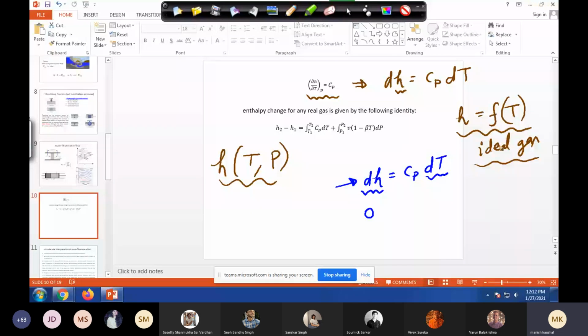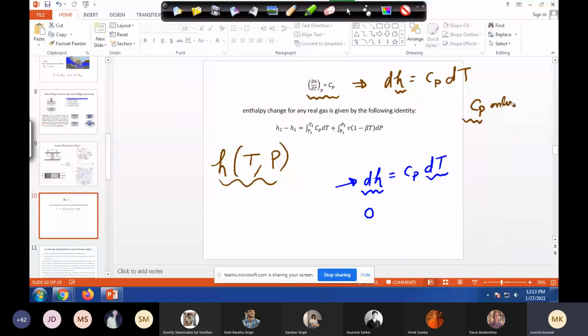Okay. Or in other way, we should say this way. This is not correct. Rather, I should say that the correct way to say it is that in case of an ideal gas, Cp only depends on temperature. That is the correct way.